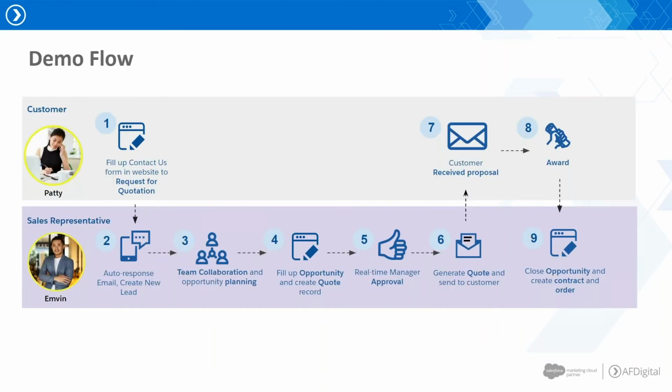For our demo flow, we will start by filling up the contact us form on a company website. For example, the customer wants to request a quotation. Our industry is, for example, automotive, so we are selling motorcycles or motorcycle services.